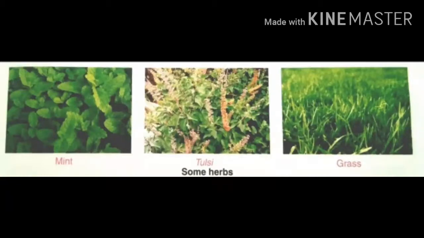Small plants with green and soft stems are called herbs. For example, mint, tulsi and grasses are examples of herbs, and also coriander and mustard plants.